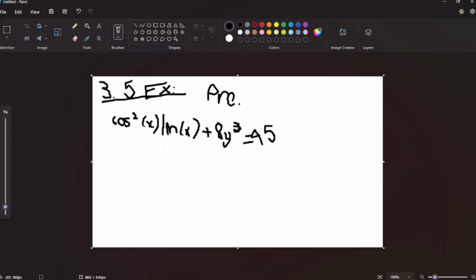And then we're going to use power rule, power rule, chain rule, chain right here, and implicit differentiation because of the y. This we're also going to abbreviate. And constant rule.